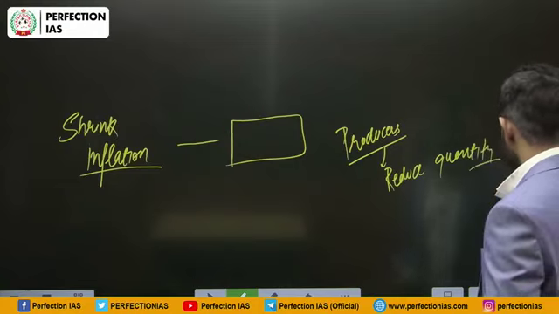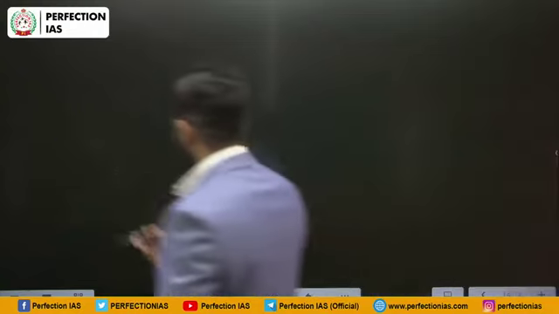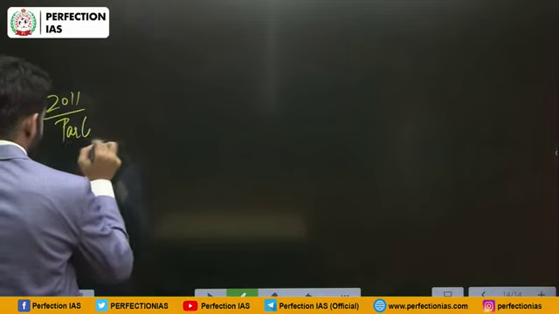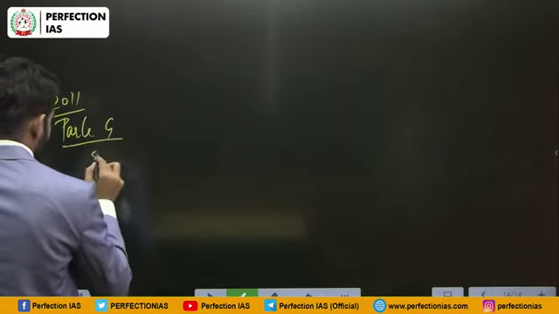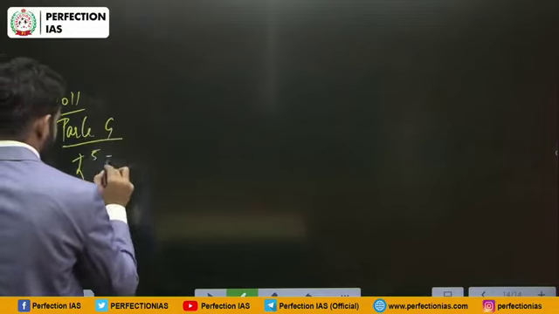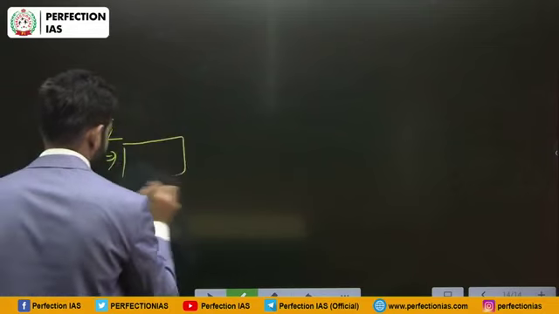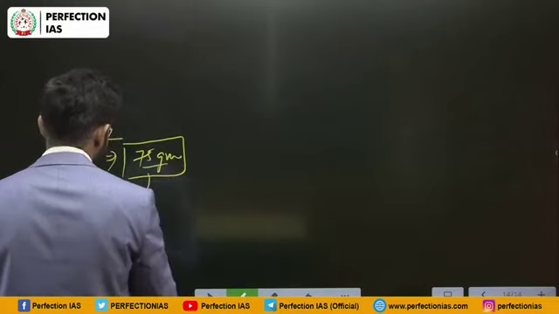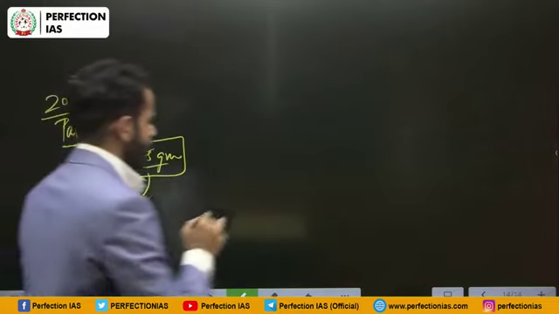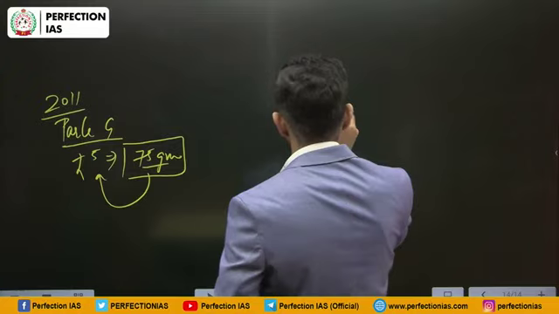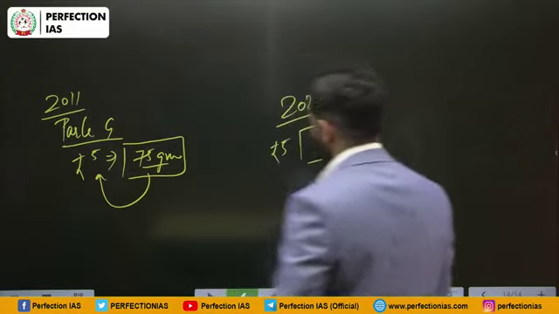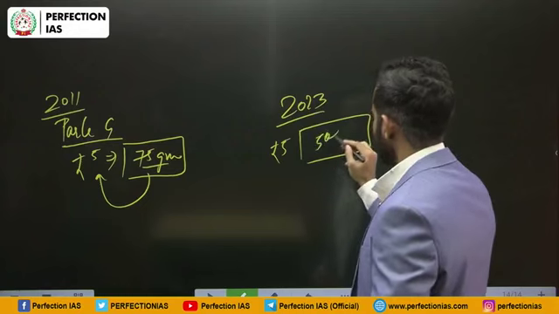Let's consider one example. Again it is hypothetical. Suppose in 2011 the price of a Parle-G biscuit was 5 rupees, and at that point of time the company was providing a 75 gram biscuit packet for 5 rupees. Now in 2023 the price is still 5, but now the company is only providing 50 grams.